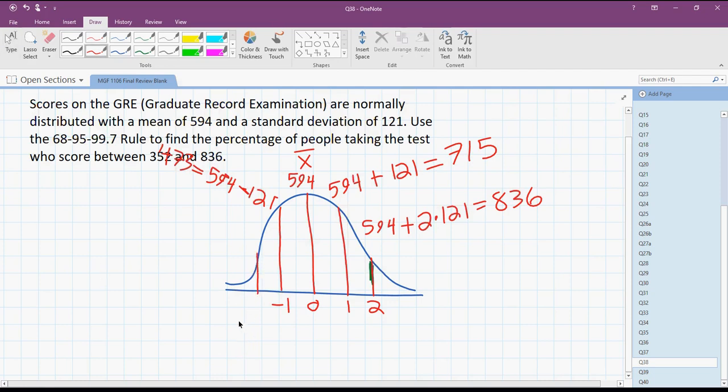So where am I at now? I am 2 below. So what am I going to do with that 594?